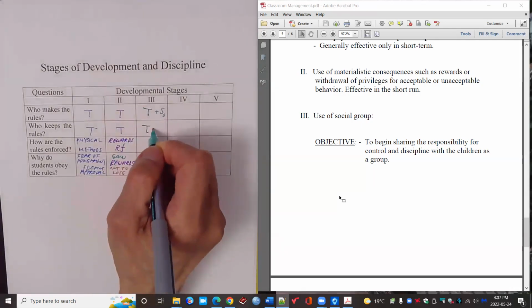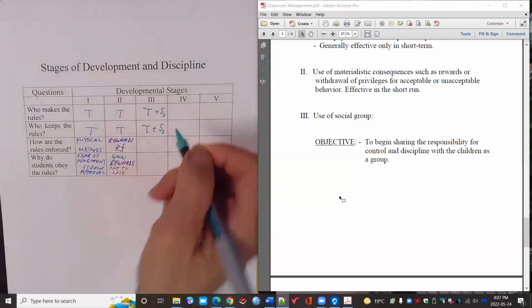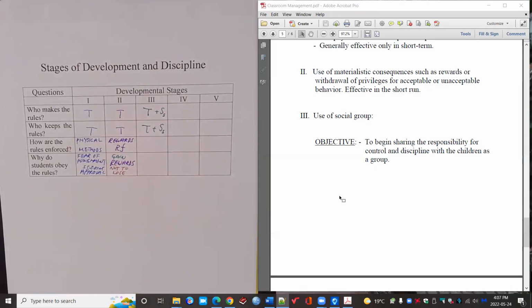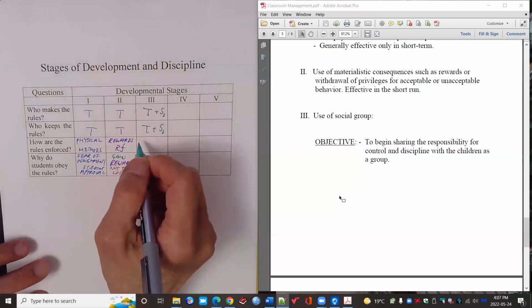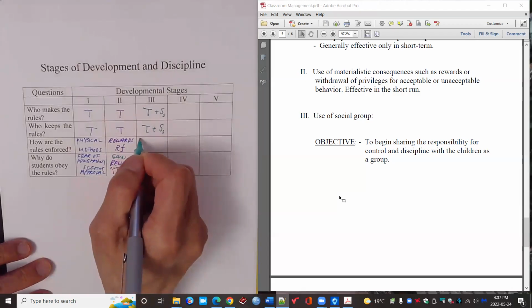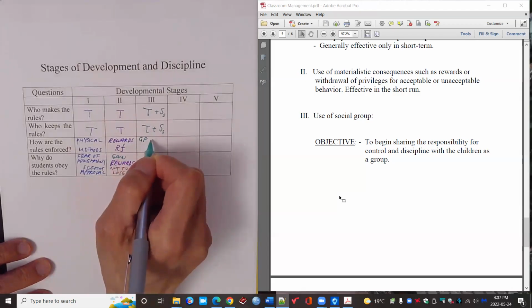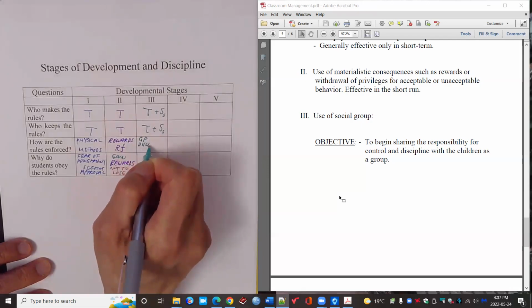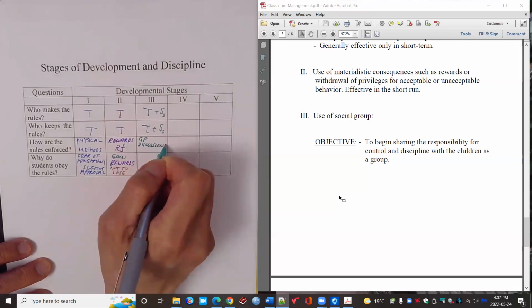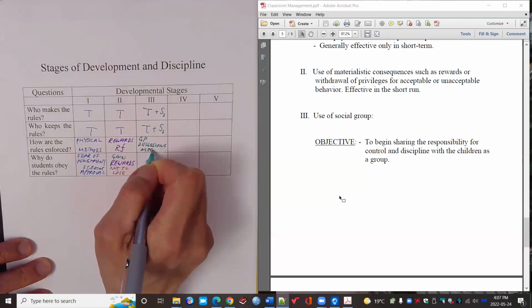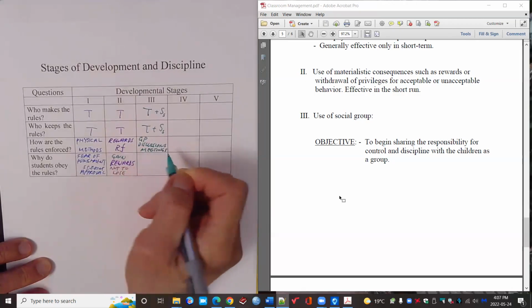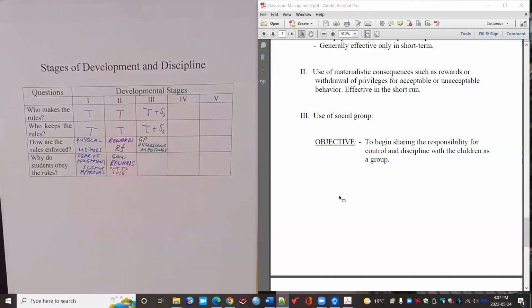Teacher. And of course, students are involved. Okay. How are the rules enforced? Enforced by the groups. So here, because of the groups, so we have what? Group discussions and meetings, right?